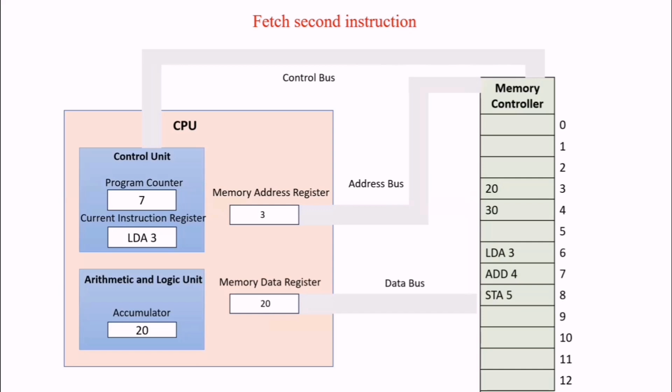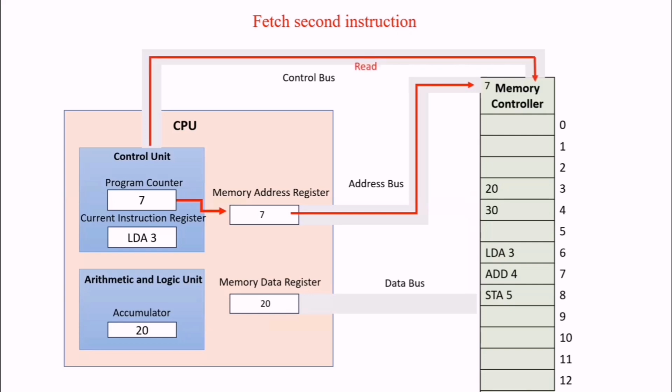To fetch the next instruction, the content of the program counter is copied into the memory address register, then copied to the memory controller using the address bus, and the read instruction is issued by the control unit.